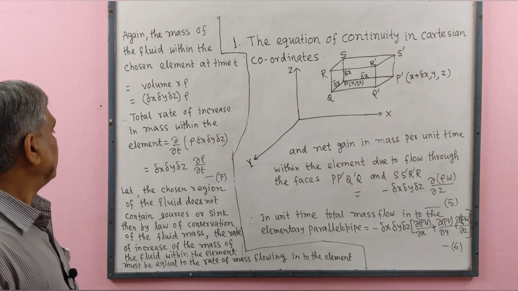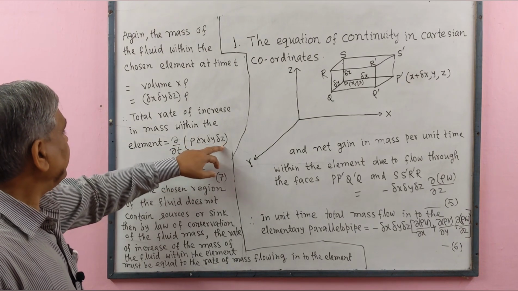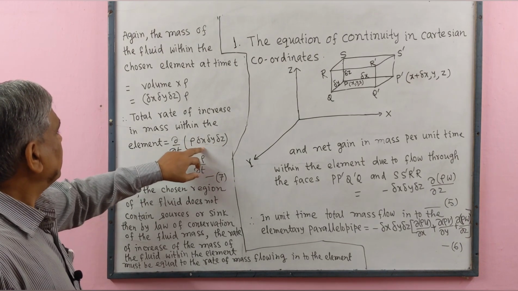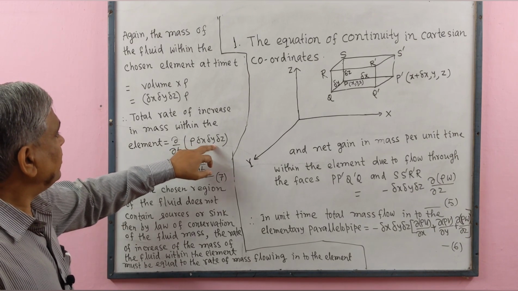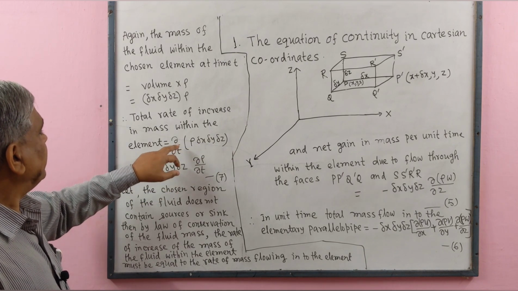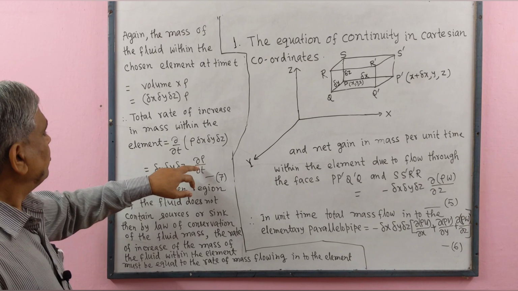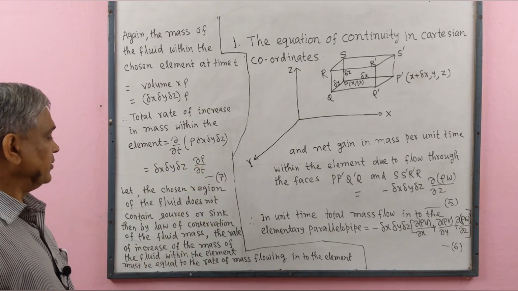Since delta x, delta y, delta z are independent of time t, we take these quantities outside and we get the partial derivative of rho with respect to t. This is number 7.